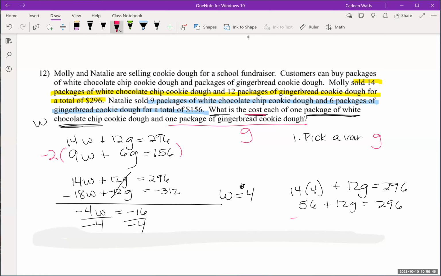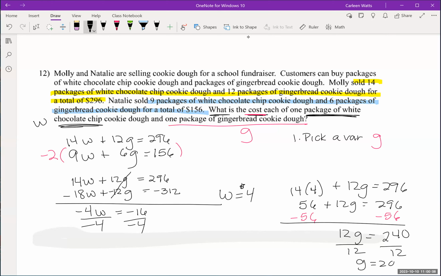Subtract. 12G is equal to 240. Divide by 12. G is 20.